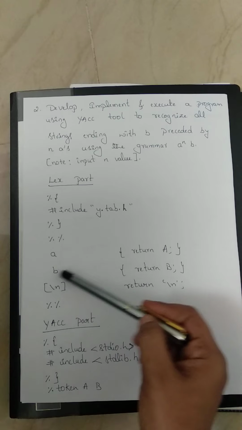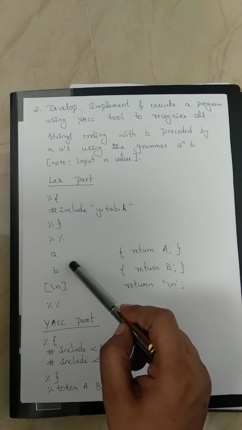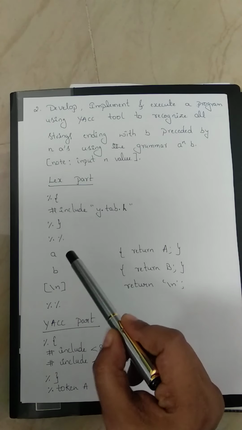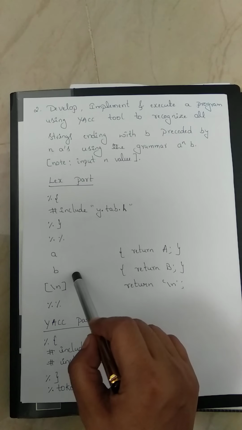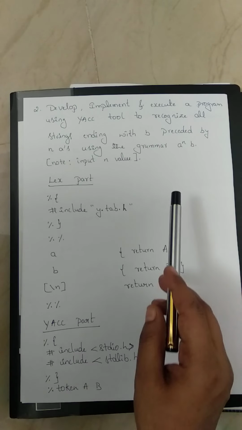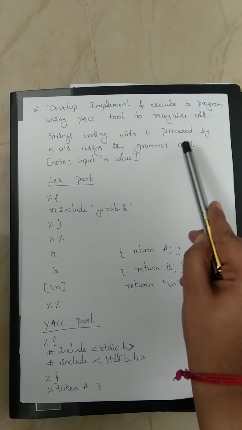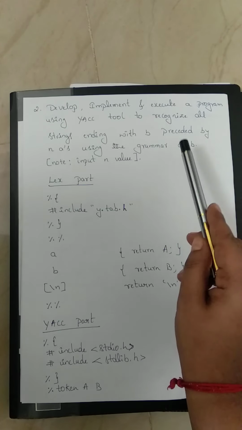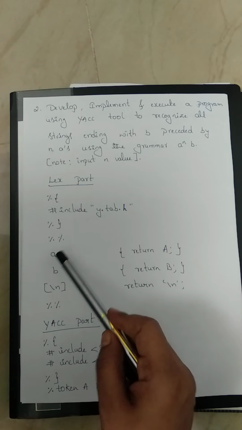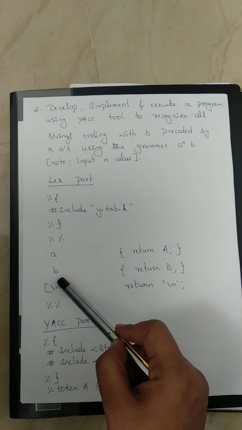After this declaration part, it is followed by the rules section. Under the rules section, we write the regular expressions based on the question or the requirement. As given in the question, the grammar includes two symbols, A and B, right? So that's what I'm going to include in the regular expression.